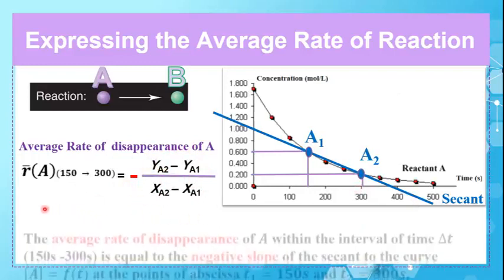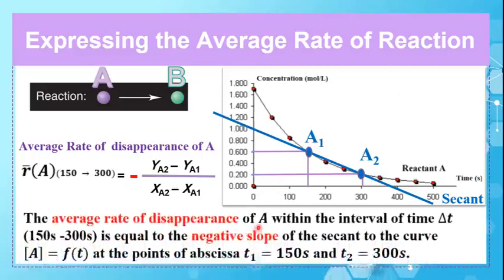So, as a result, the average rate of disappearance of A, which is a reactant, within the interval of time delta T chosen here, is equal to the negative slope of the secant to the curve, concentration of A, the reactant, equal F of T, at the points of abscissas T1 and T2.